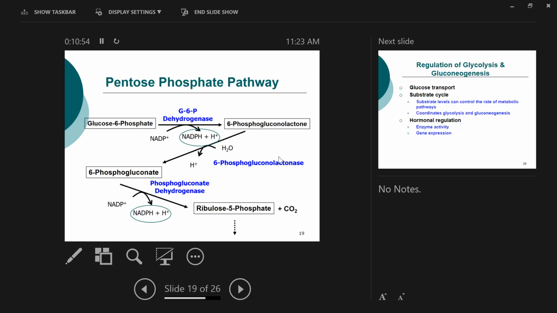The substrate you need to know is glucose 6-phosphate, right? So this pathway uses glucose 6-phosphate as a substrate and converts it to the 5-carbon sugar phosphate. This is the main purpose, and it also deals with the pathway where NADPH is produced.